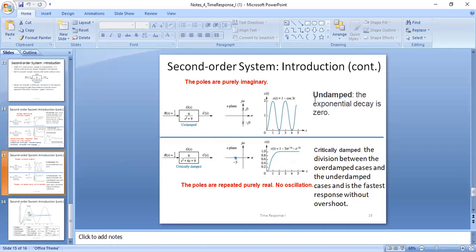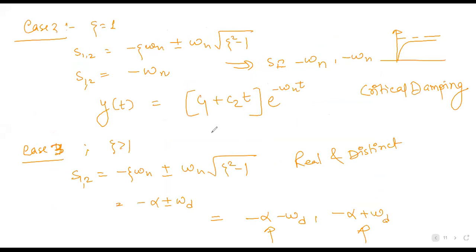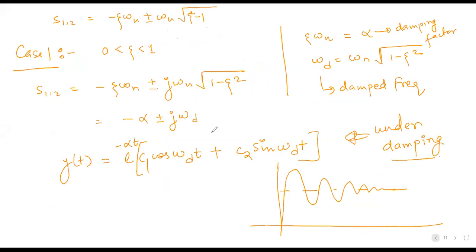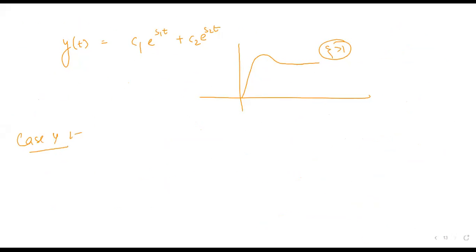For undamped, there is one more case I forgot. This is your case 3 and case 4 is here, the undamped. So if you see case 4, zeta is equal to 0. So S1,2 is minus zeta omega n plus minus omega n square root of zeta square minus 1.